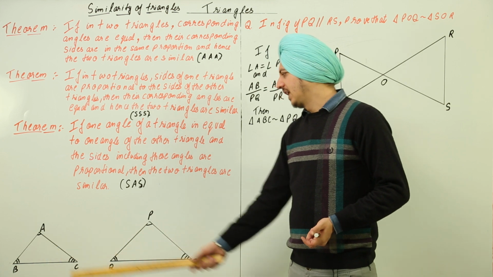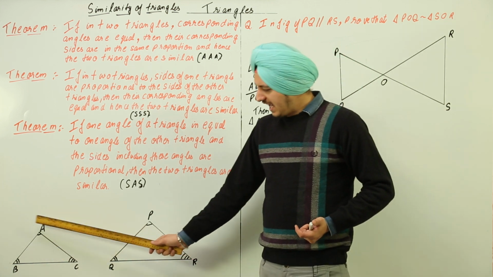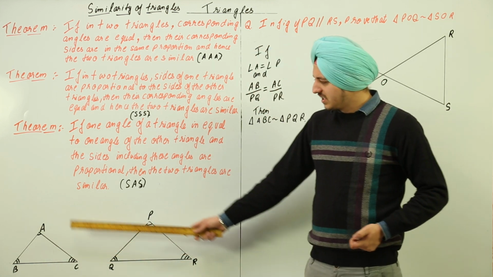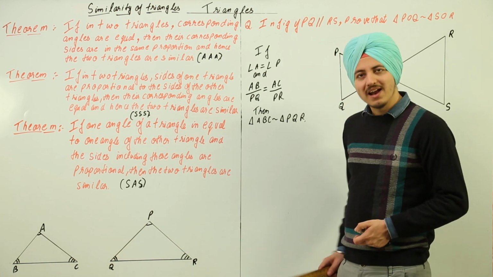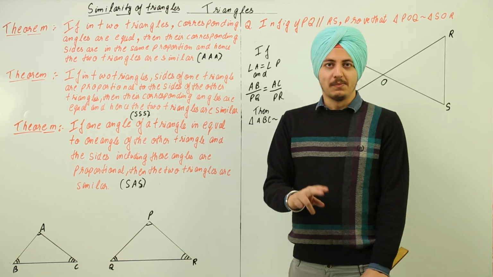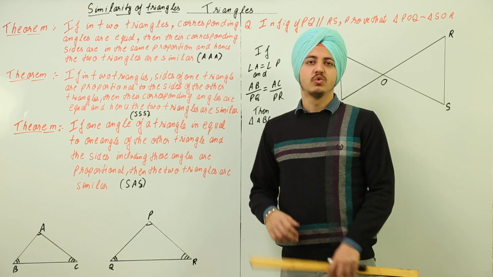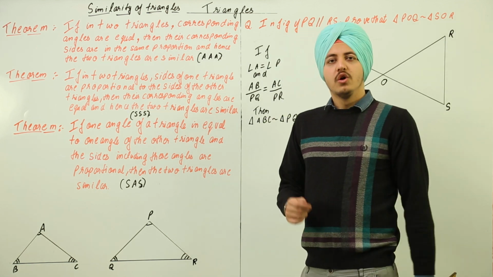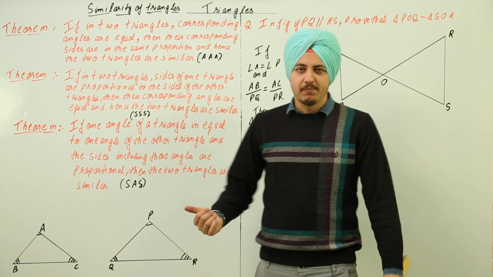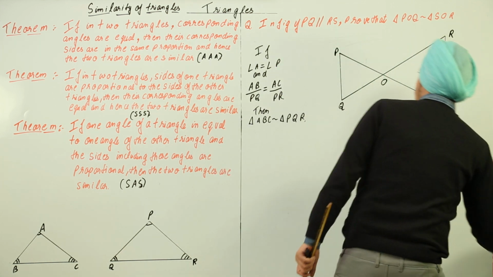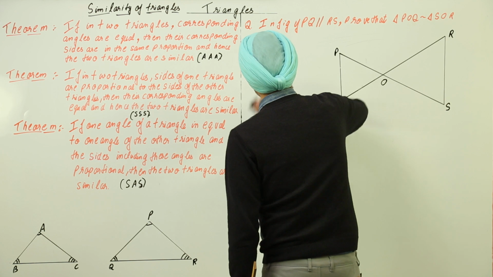Like angle A is equal to angle P and AB upon PQ is equal to AC upon PR, then the two triangles are similar. These are the three criteria by which we can determine if the two triangles are similar or not. Now we will do some examples on these, on the similarity of two triangles.